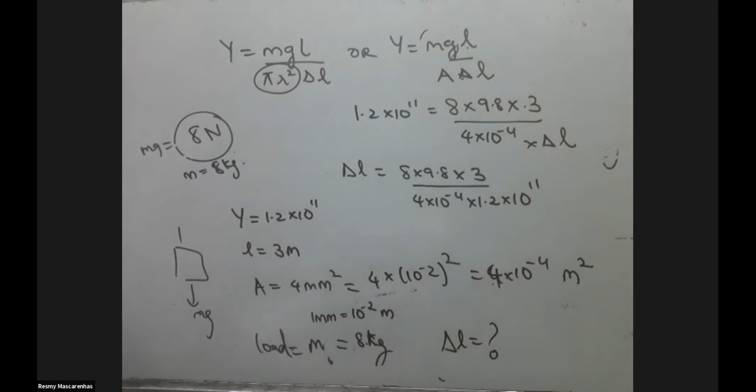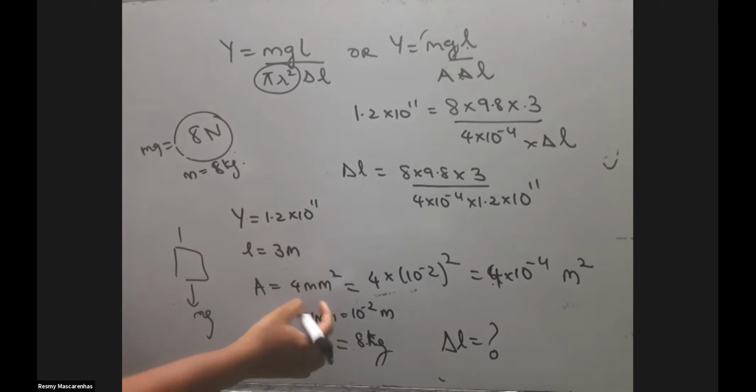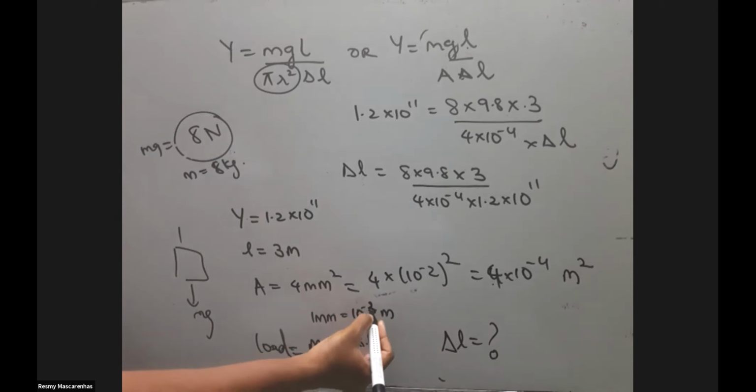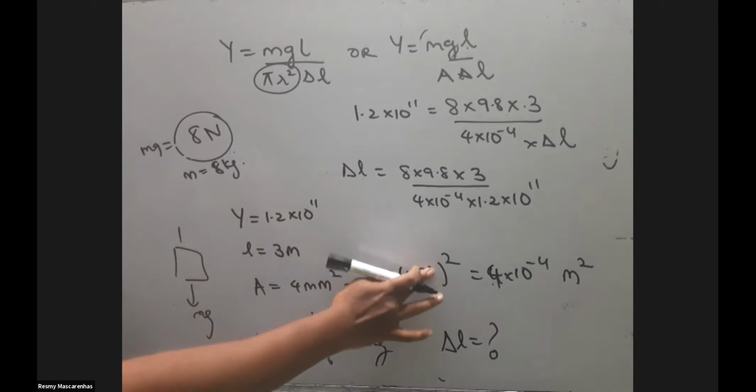Now we'll calculate it. Teacher, 1 millimeter is equal to 10 raised to minus 3 meters, right? This is centimeters, no? Yes. So that will be 6 then. It's correct data. A centimeter will be 10 raised to minus 2.